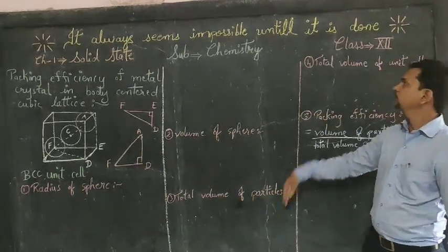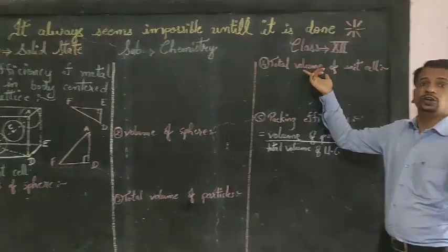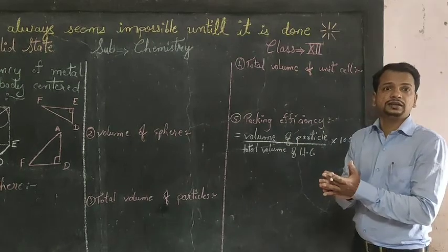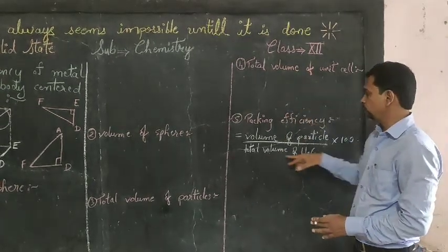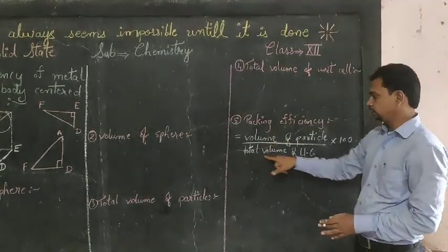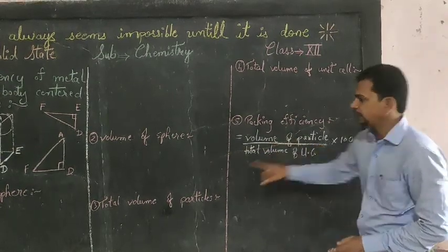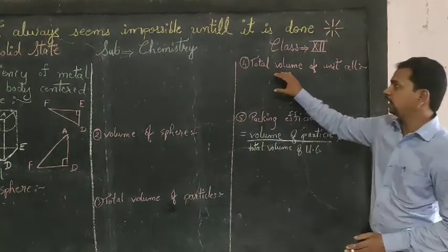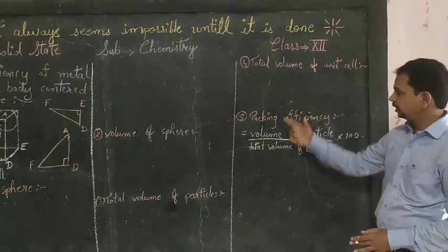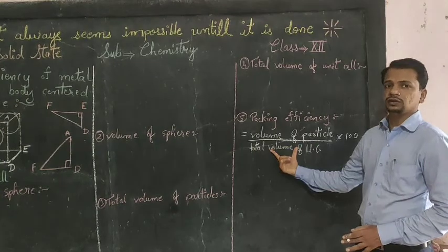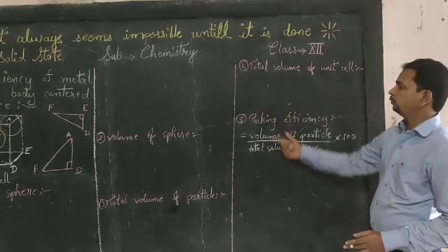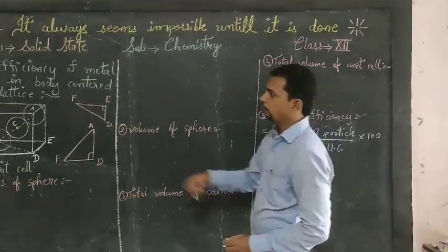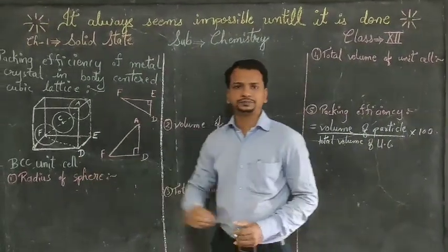Then we find the total volume of unit cell. The volume of particles will be in the numerator and the volume of unit cell in the denominator. In this way, we put these values in the formula and calculate the packing efficiency of body-centered unit cell.